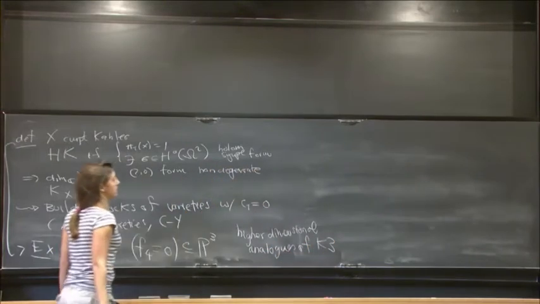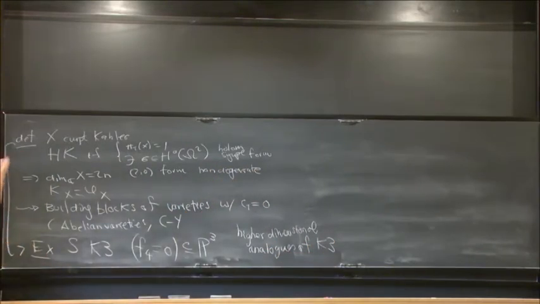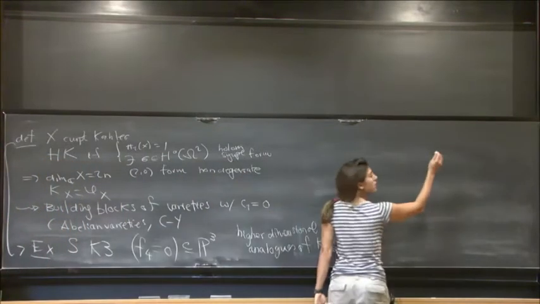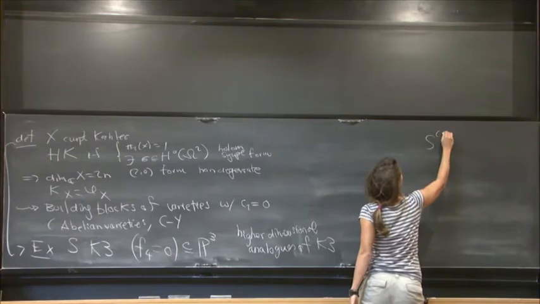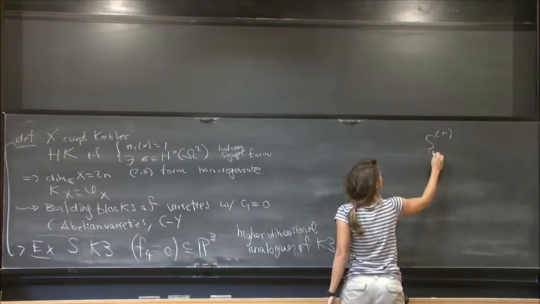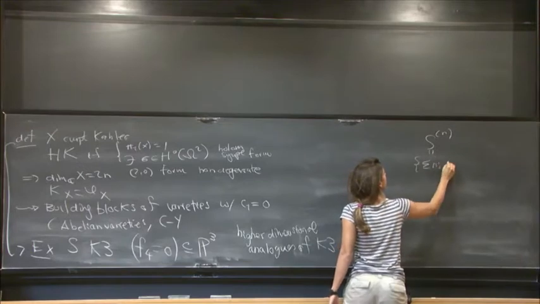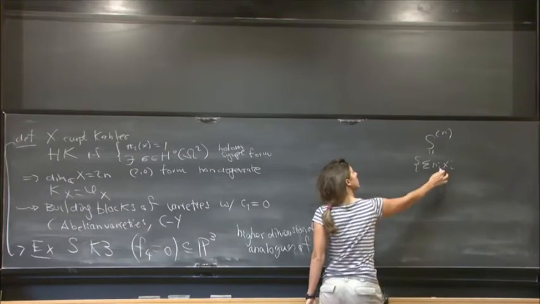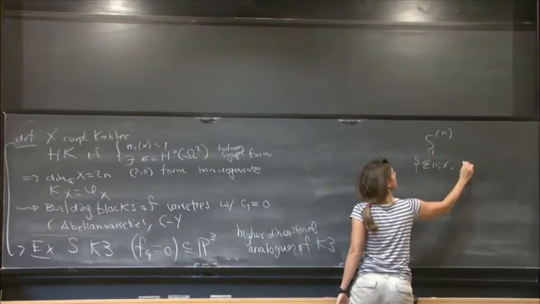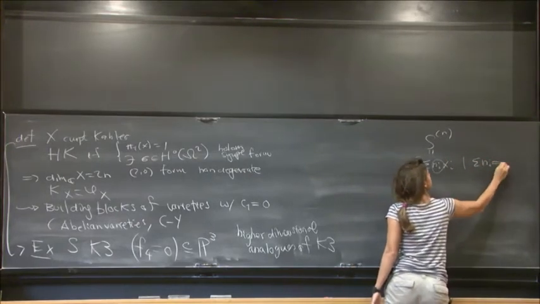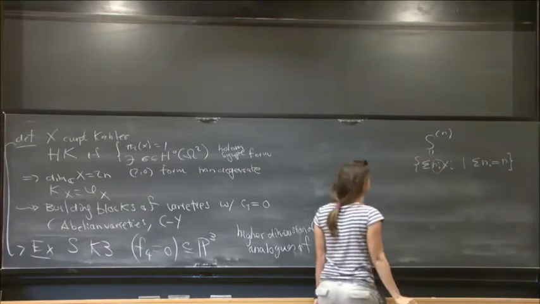And indeed, most of the examples that we know of such things come from K3 surfaces. So we saw in Leah's talk that if you take a K3 surface and you take the symmetric product, this just parameterizes points on S, with some multiplicities, such that the total multiplicity is equal to n.